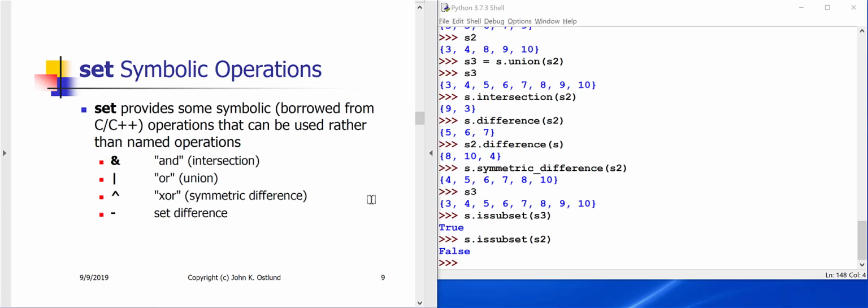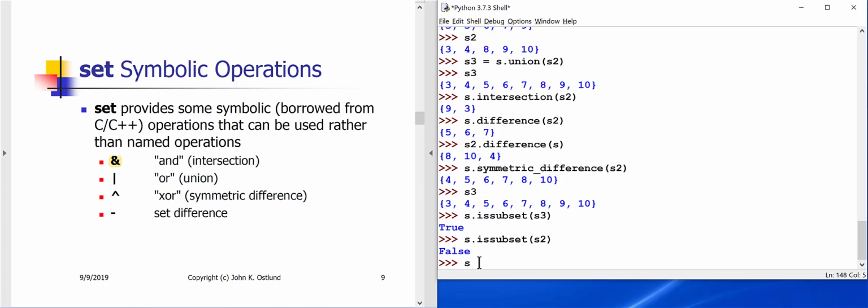In addition to these named set versus set operations, there are also symbolic operations that I can use as an alternative. For example, the ampersand is used as an alternative for intersection. And you can think of the ampersand as meaning "and".